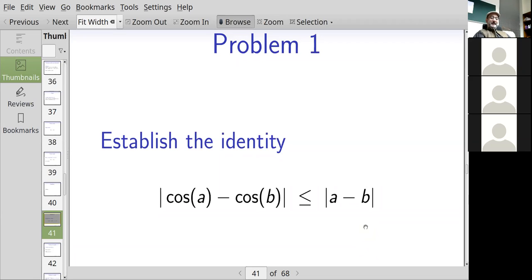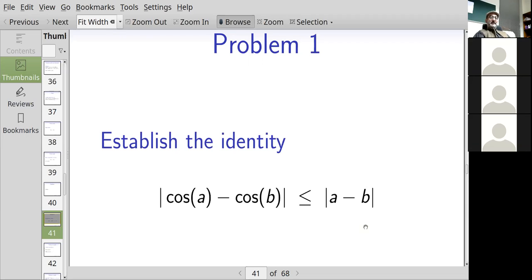Okay. Does somebody have an idea of where to start? So define f(x) as cos x. Okay. So we define f(x) equal to cos x on what interval? On the closed interval from a to b, right?